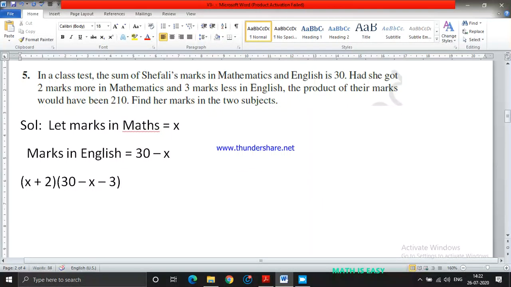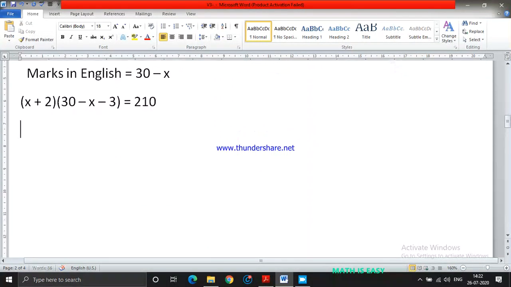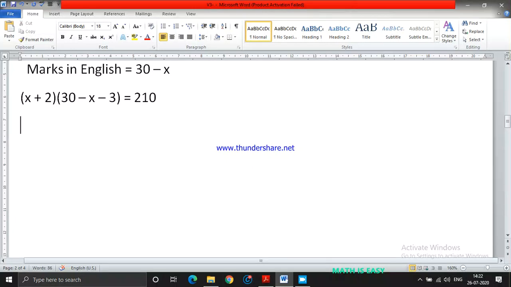If 3 marks is less, it means minus 3. Then the product of their marks is 210. If I multiply the increased marks in math with the decreased marks in English, this product is going to be 210. Okay, so this is the clue they have given us.